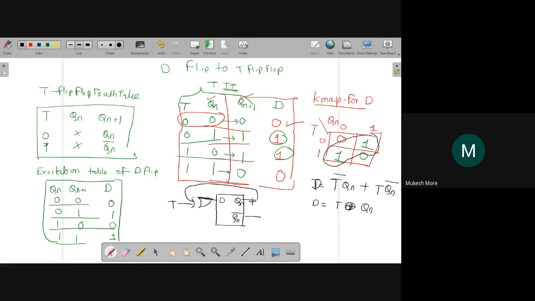Now this symbol represents the conversion of D flip flop to T flip flop. So in this way we have to convert D flip flop into toggle flip flop.